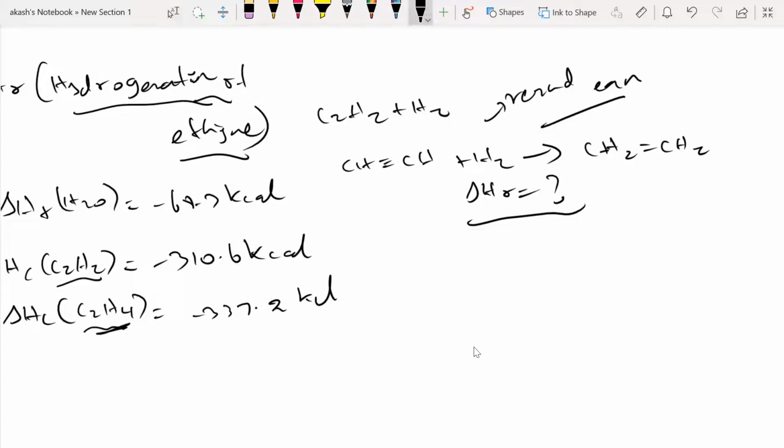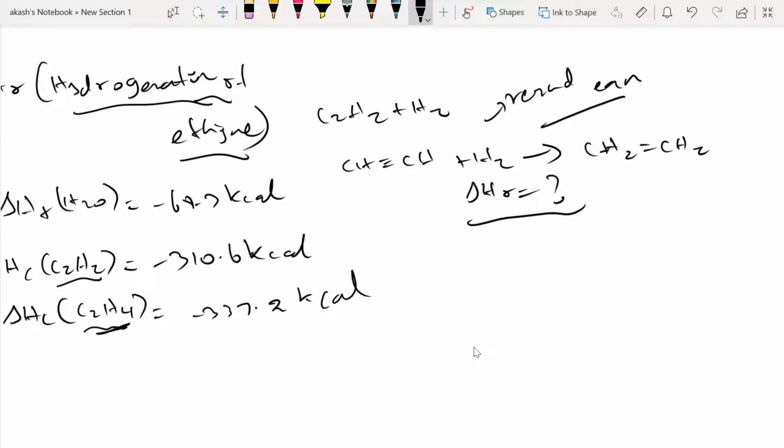I wrote KCl, this is kilocalories. Sir, in the question, they should give the heat of formation of CO2, right?